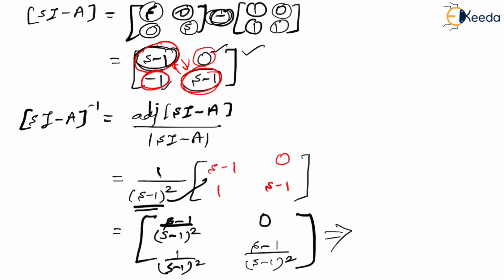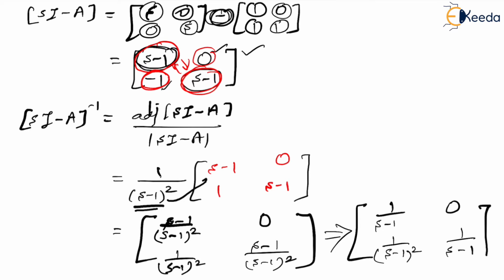So what you get here is nothing but 1 upon S minus 1. This is 0, this is 1 upon S minus 1, and S minus 1 is gone, so 1 upon S minus 1. This is 1 upon (S minus 1) squared, and this is that. This is nothing but (SI minus A) inverse.